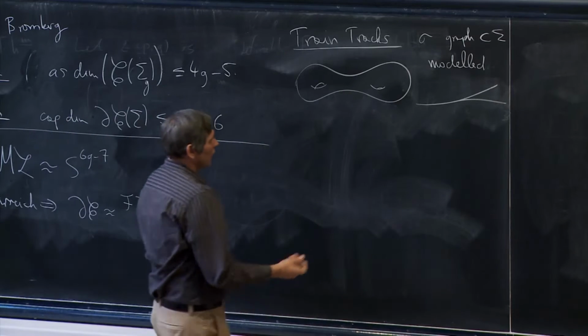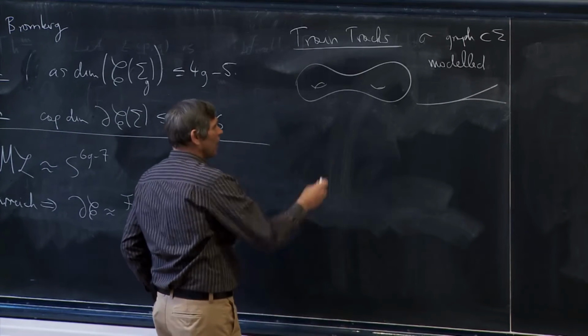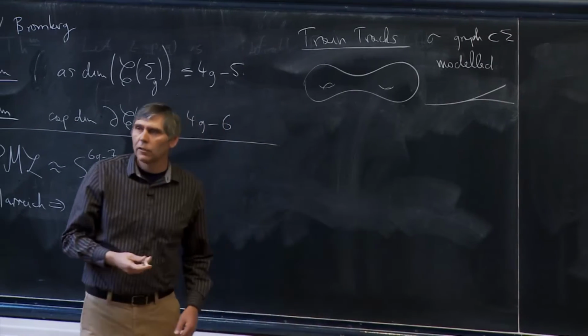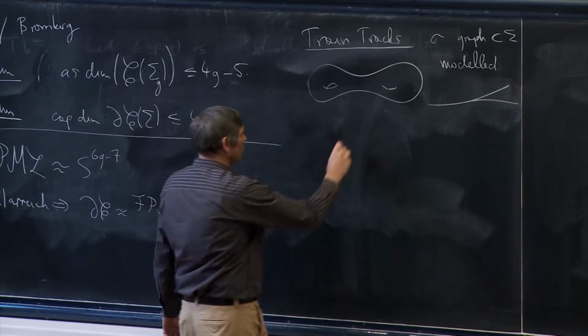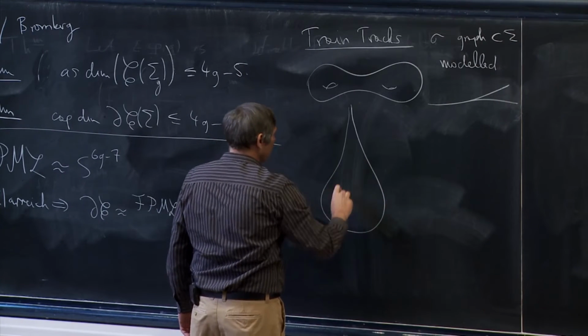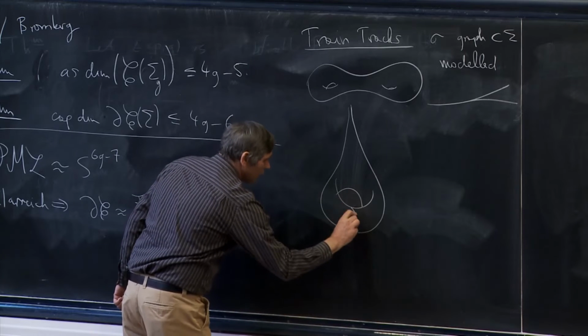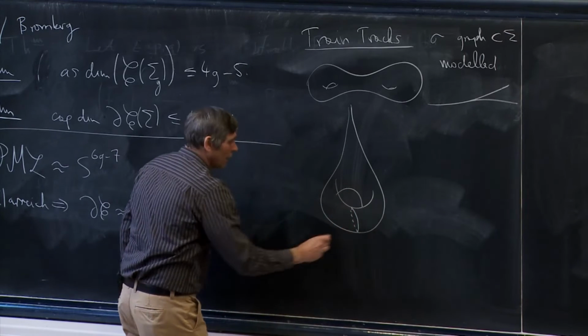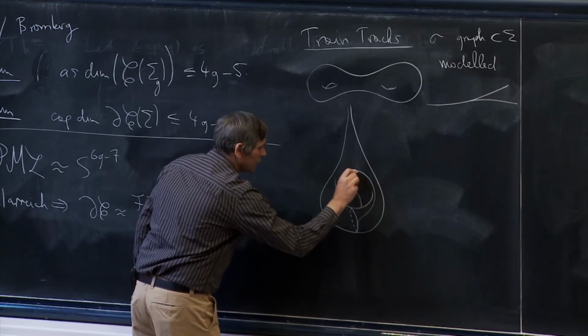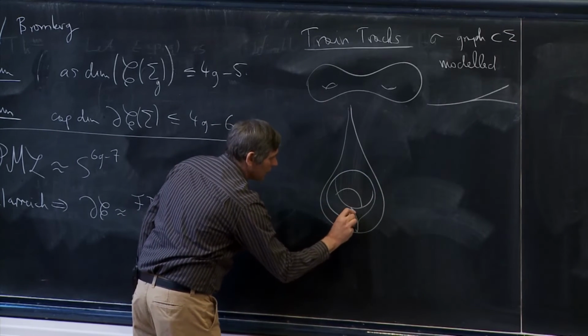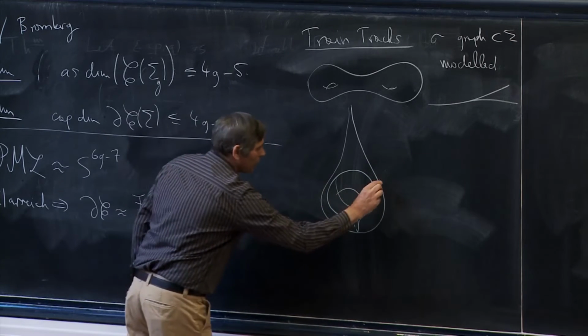Okay, so again, for a specific example, it's easiest to draw it on a punctured torus. So here is the punctured torus, and then here's an example of a train track. You draw maybe a simple closed curve like this, and then you go like this. Okay. So here's an example of a train track.